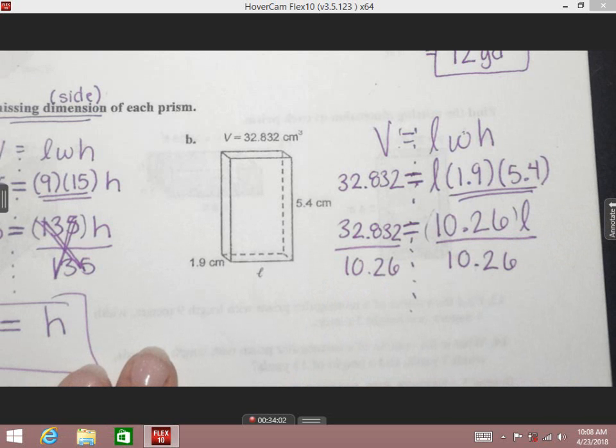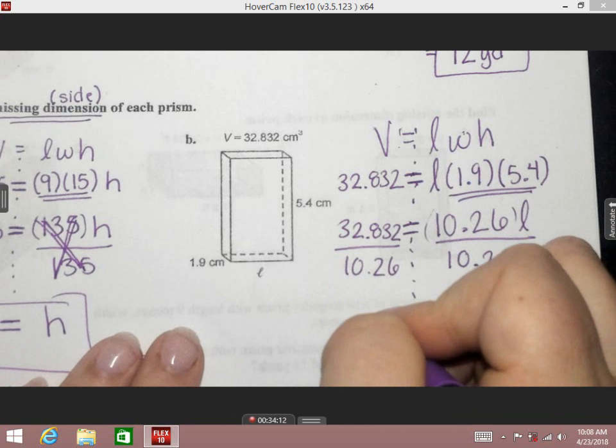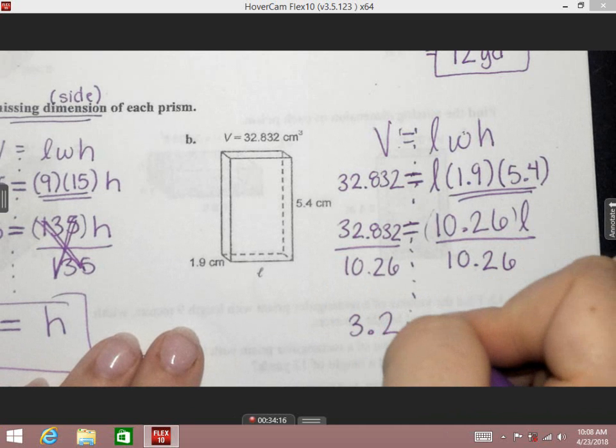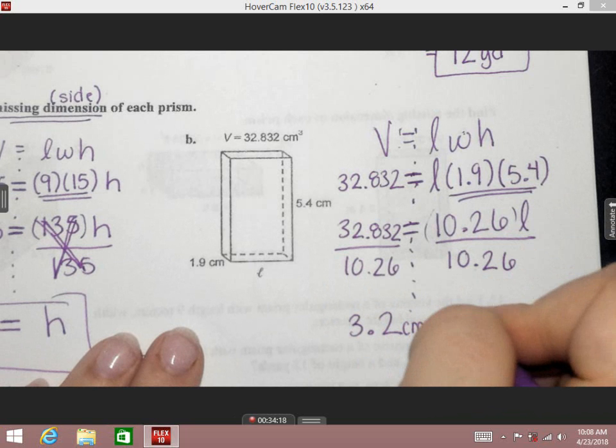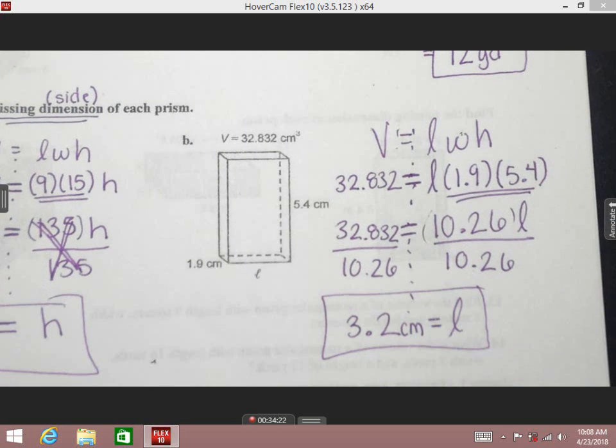If you put the L in front, that 10.26 would have to be in parentheses. It would be important, okay? All right, what do we get when I divide that? Chloe. 3.2? Centimeters, and that equals my length. She did not say centimeters cubed. She just said centimeters. Very well done.